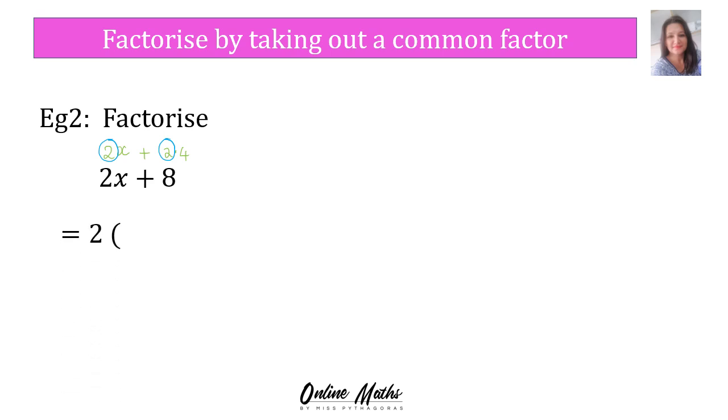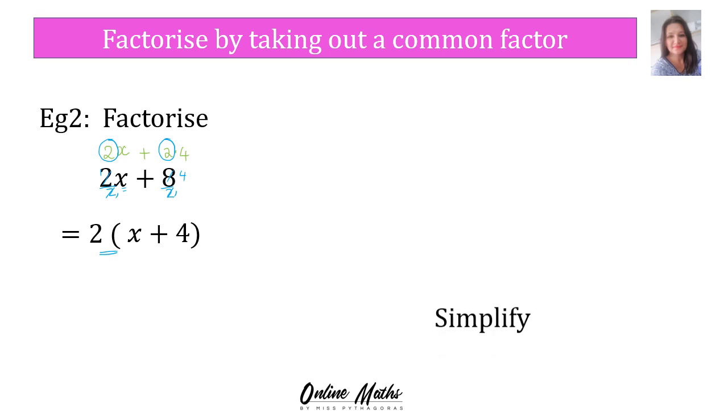We write equals 2 and again a little bracket, and remember there's nothing there. Then you take that 2 and divide both terms by 2, so 2 goes in itself once. You will be left with the x, and the second term, 2 goes into 8 4 times, and there's your answer.